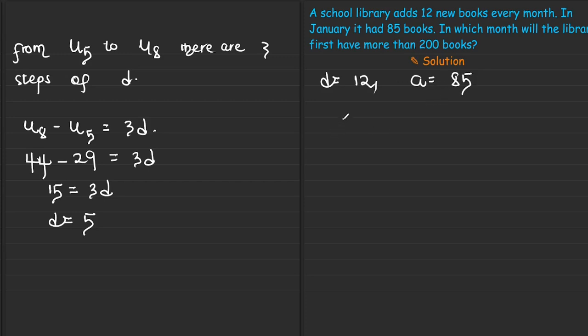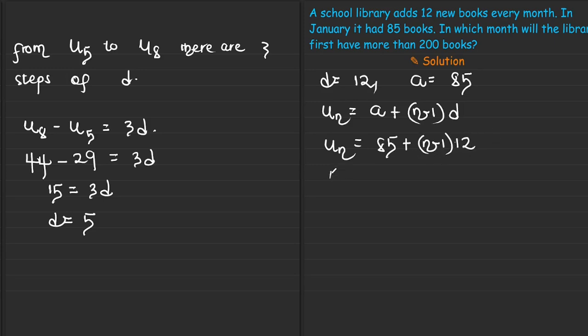This informs us that the general formula, that is UN, which is A plus N minus 1 into bracket D, is going to be what? UN equals A, which is 85, then plus N minus 1 times 12.